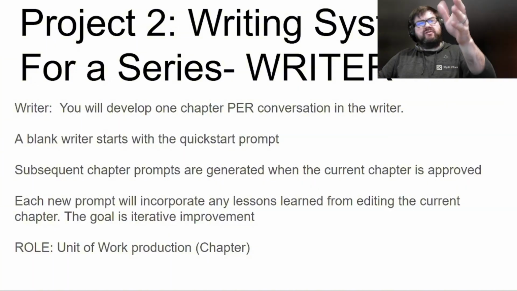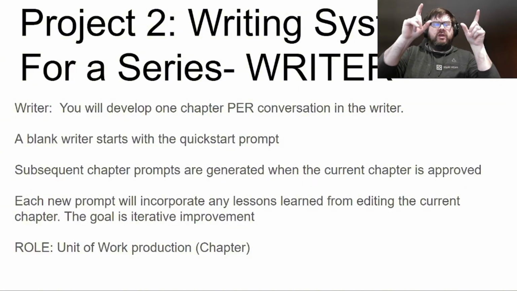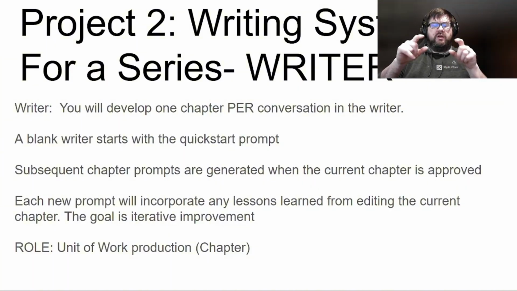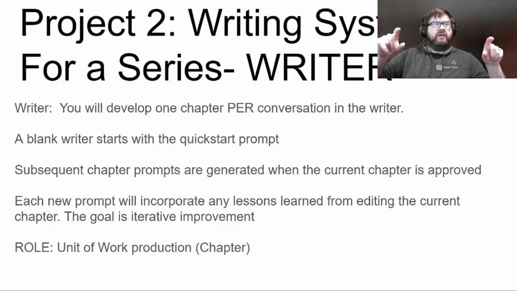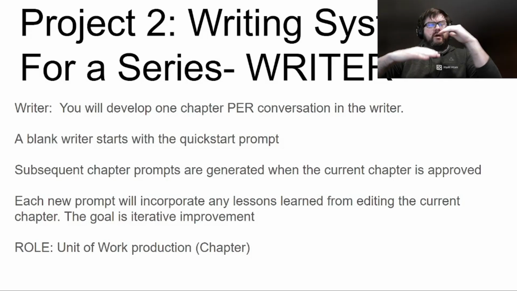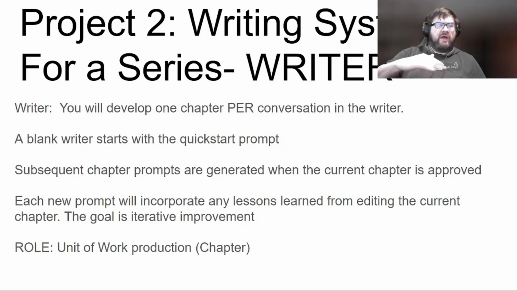So this solved that. What each writer does when it's done is it writes the prompt for the next writer so that it knows where it left off, what it needs to do next, all the things it learned while editing, and it builds context as it writes.